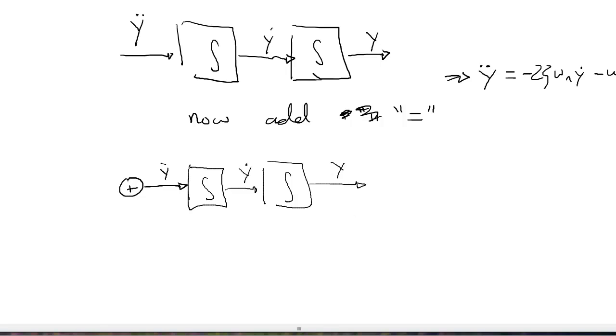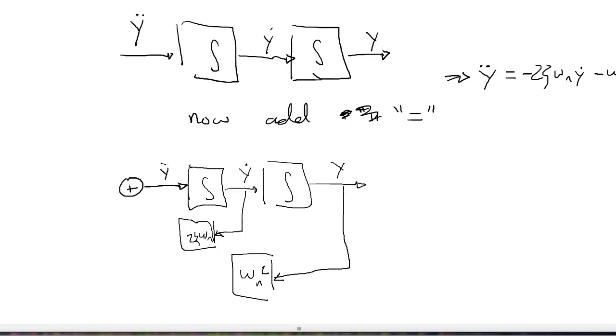Now I can feed back both y dot and y through different gains. If I take y dot, this is 2 zeta omega n, and then I push y through omega n squared. Now I can add all these up in the sum junction.